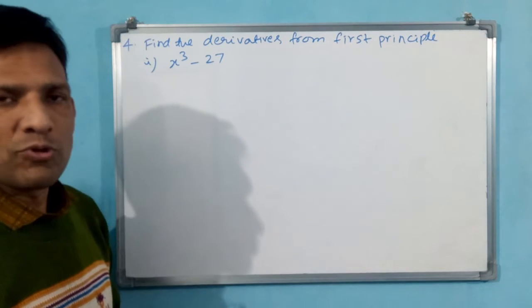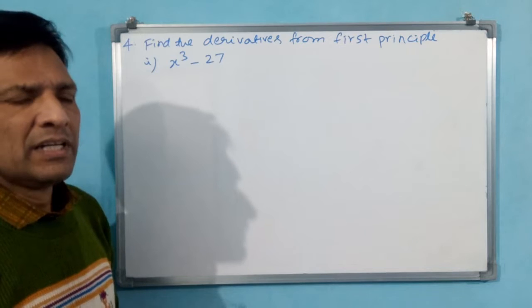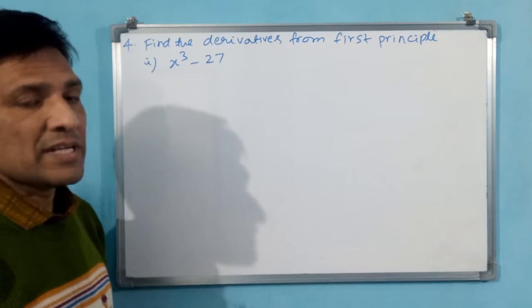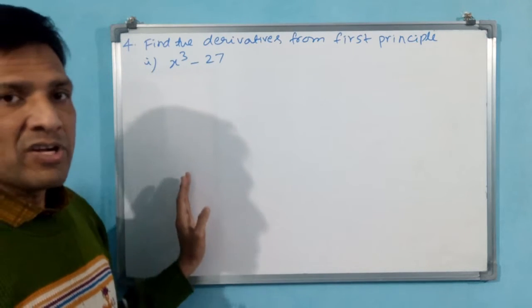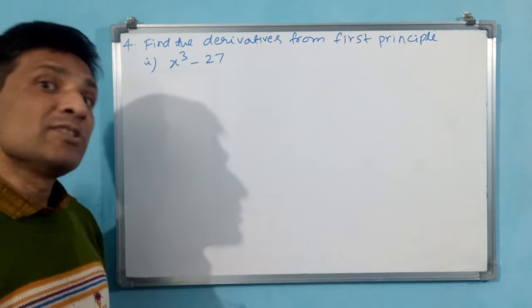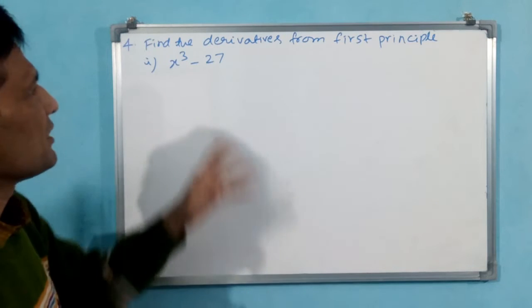Like in the last 2 questions, we have substituted the x value, at x is equal to 1 or at x is equal to 100. If that comes, that is not going to be called first principle. First principle means derivative at x, not derivative at x is equal to 100 or x is equal to 1. Derivative at x, that's all. That is called the first principle.